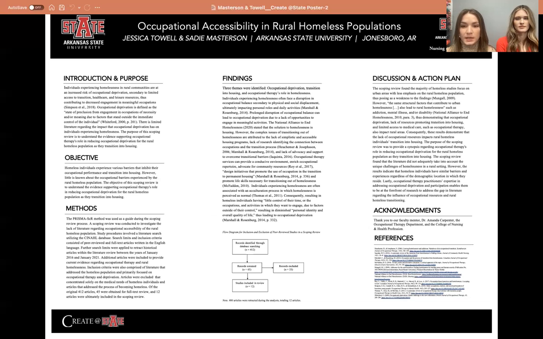However, the results indicated that homeless individuals have similar barriers and experiences regardless of the demographic location in which they reside. Lastly, occupational therapy practitioners' expertise in addressing occupational deprivation and participation enable them to be at the forefront of research to address the gap in literature regarding the influence of occupational resources and rural homeless transitioning.